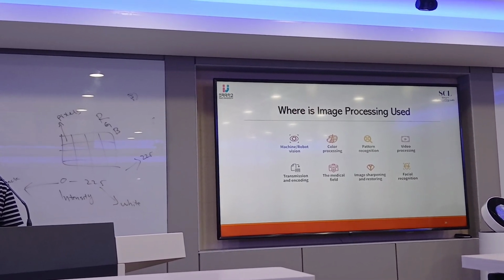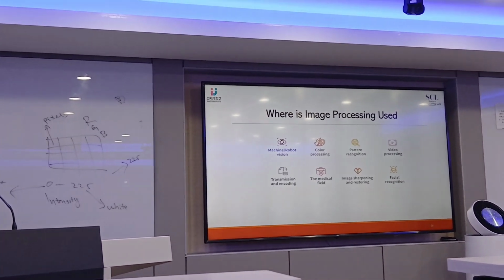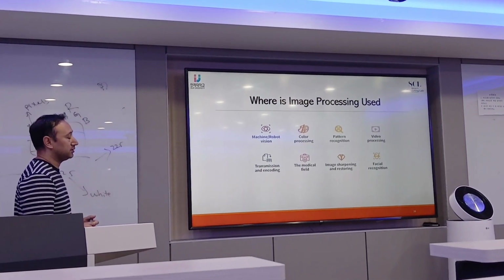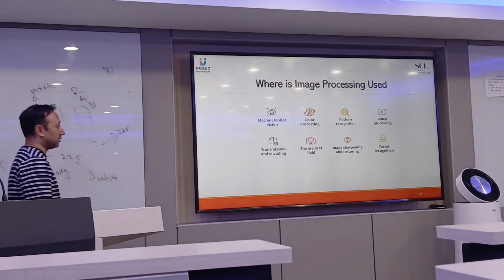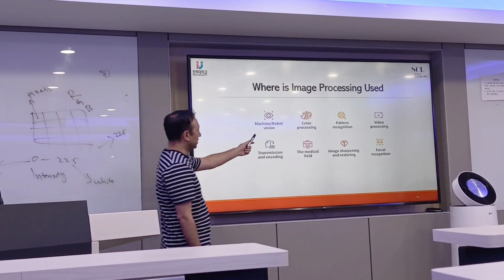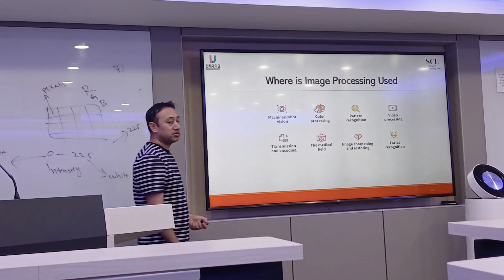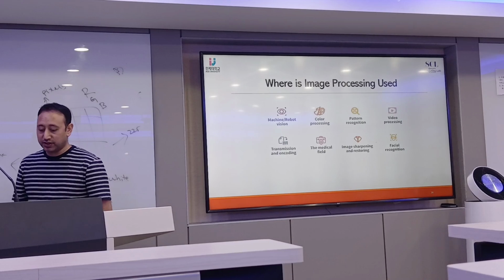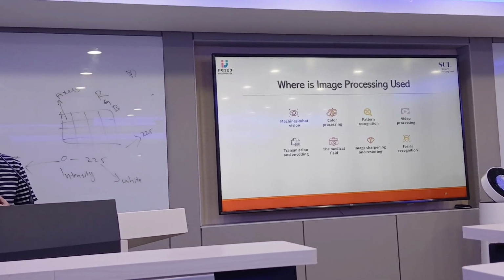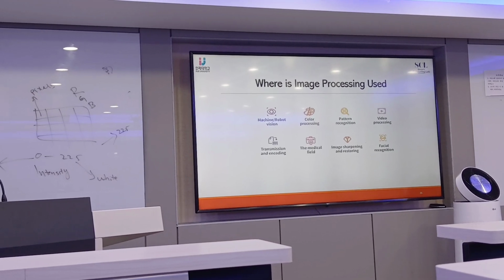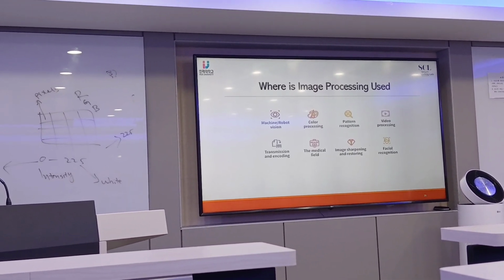So, where is image processing used? Here I have mentioned a few examples. There are a lot of other examples as well. For example, machine vision and robot vision. It can be used in robots. For example, if you want your robot to perform in an environment, Zia is working on reinforcement learning and he is using some robotic simulation.